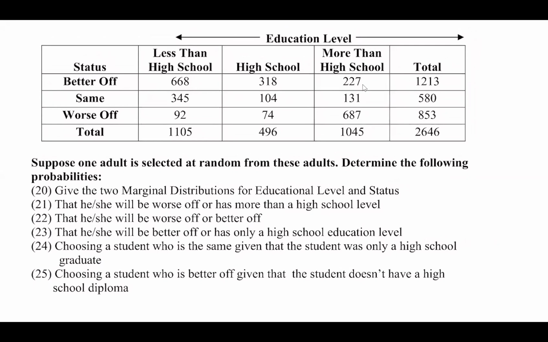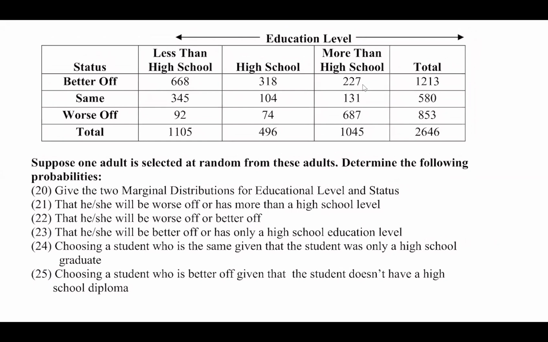All right, so if you look at 20, it says give two marginal distribution for education level and status. So if you remember, marginal distribution is pretty much the probability of a row or a column occurring. So for this one, it says find the marginal distribution for education level.